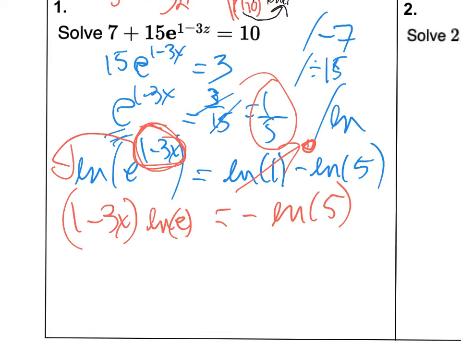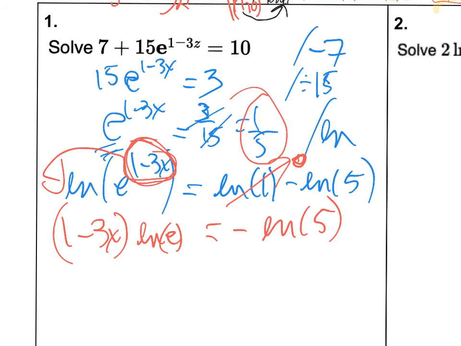Okay, so we've done that, and we know the ln of 1 is 0. That means you're at the x-intercept. Any log of 1 will be 0. Sorry, folks. Any ln of 1 or log of 1 will be 0. So all we're left with is negative ln 5.